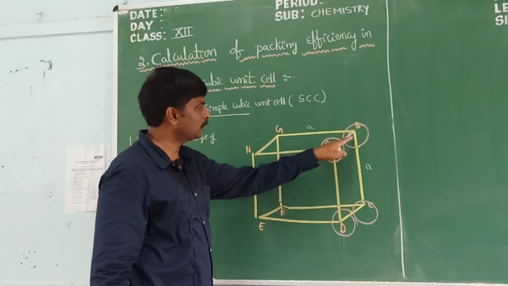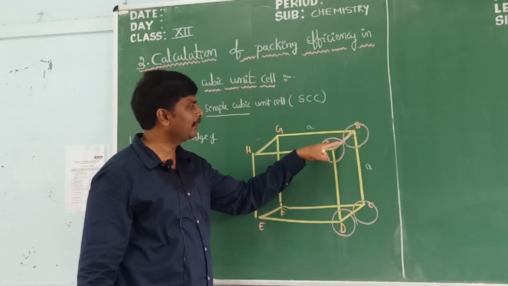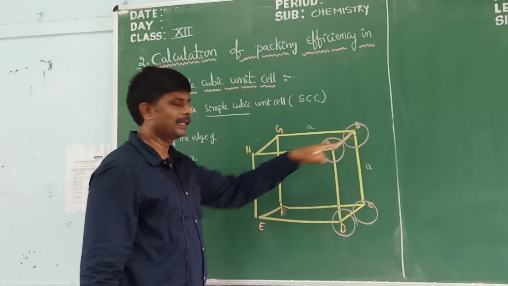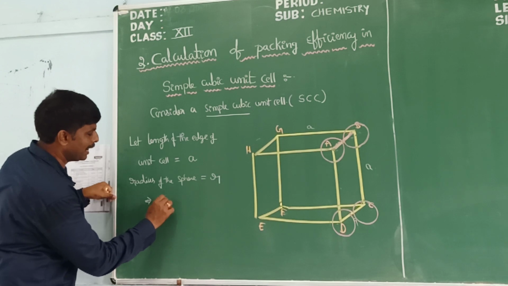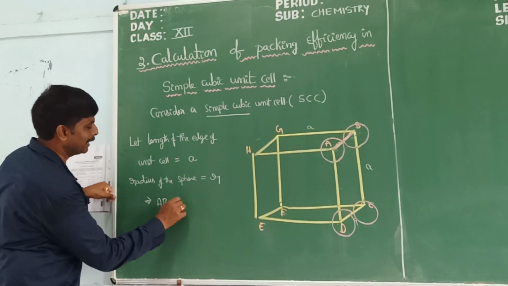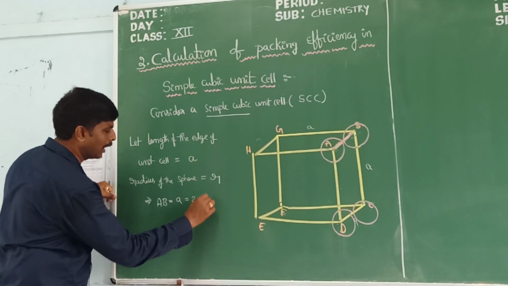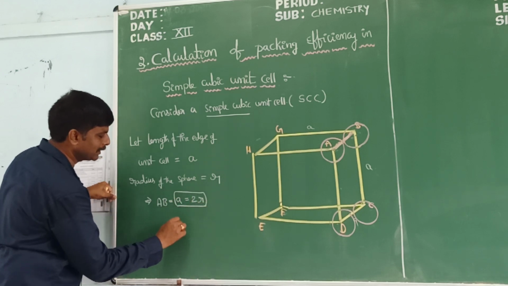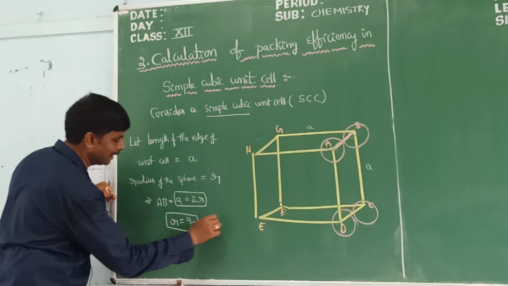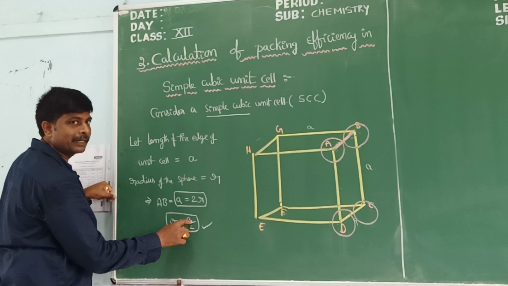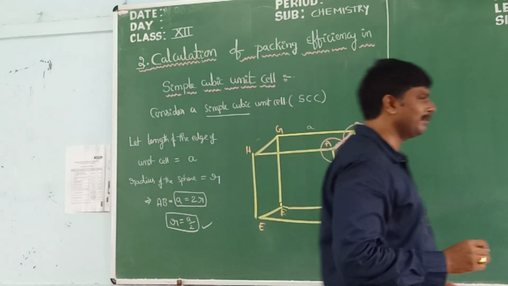So these two spheres touch each other. That means the edge length is R plus R. From AB, the edge length A is equal to 2R. That means R is equal to A by 2. It is the relation between the radius of the sphere and the edge length.